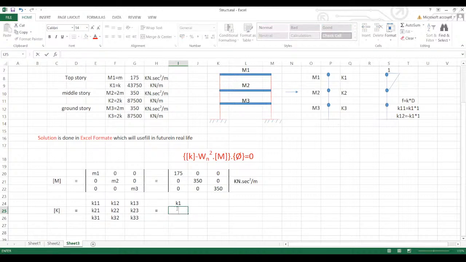You have to understand that there is negative K1, minus K1.